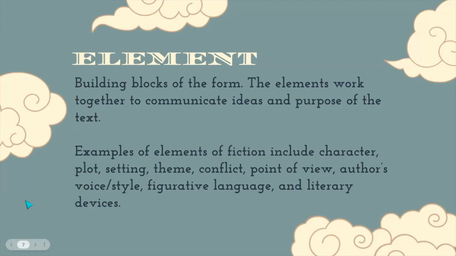These are all different pieces that we see when we're looking at the form. When we're looking at text features in, say, a nonfiction text, that would be an element that helps build out the form of the report or whatever the text is that we're looking at.